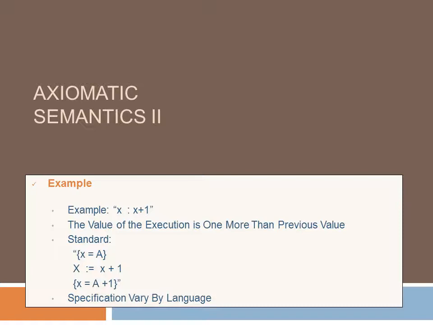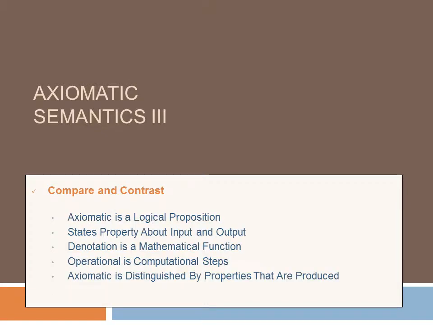Also, axiomatic specifications vary by language. For example, the form for a language C is {P} C {Q}. Unlike operational and denotational semantics, axiomatic semantics is a logical proposition.